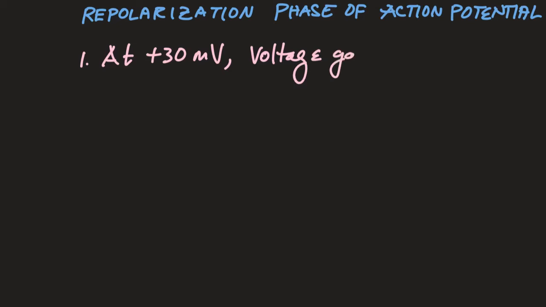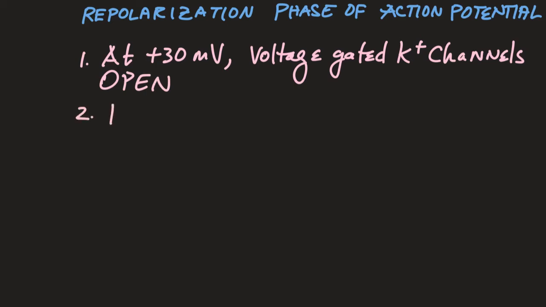These are voltage-gated potassium channels, and this causes potassium to leave the cell. Remember, there is always more potassium inside the SA node cells, so potassium leaves the cell. So we have a fast potassium outflow.